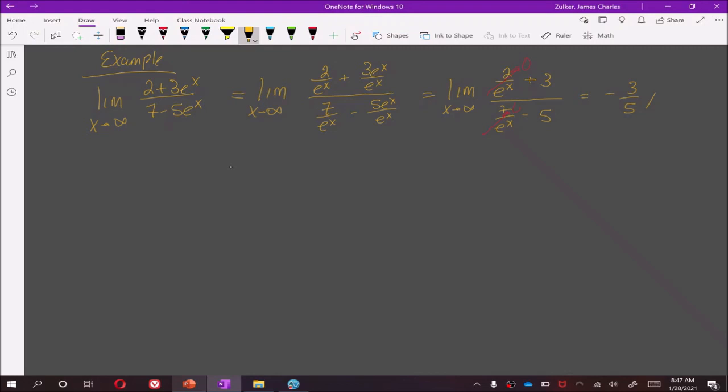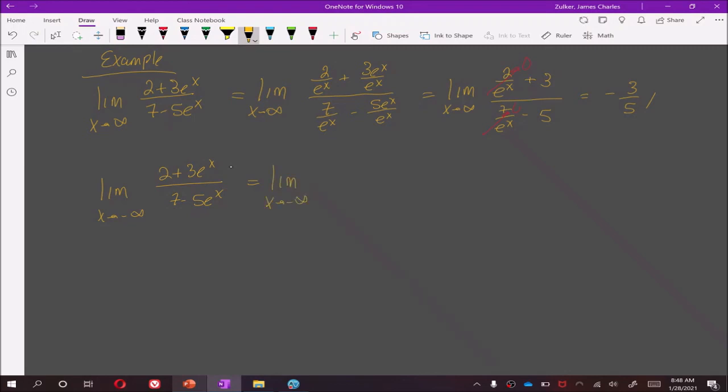Now, we want x going to minus infinity. Here, there's no need to worry about dividing by anything, because we can write it this way.